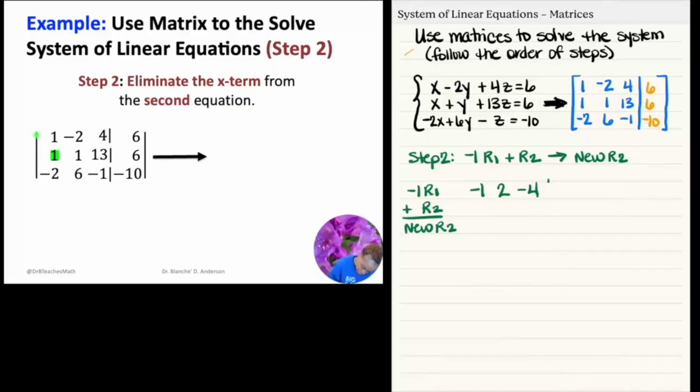I'm just going to draw the line to show my constant. And then -1 times 6 is going to be -6. So far, so good?